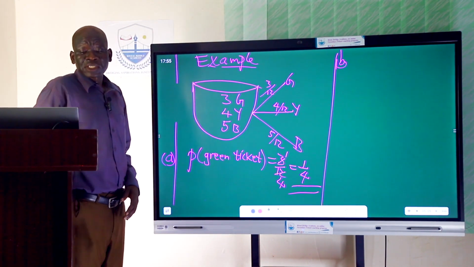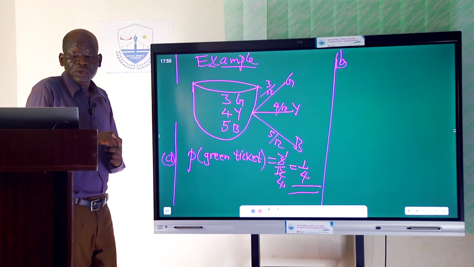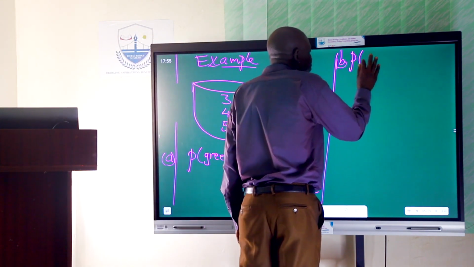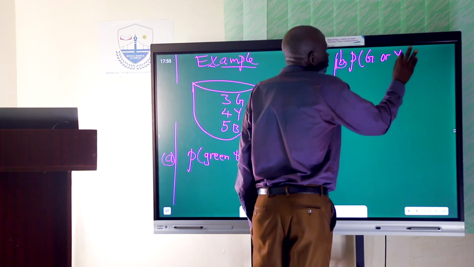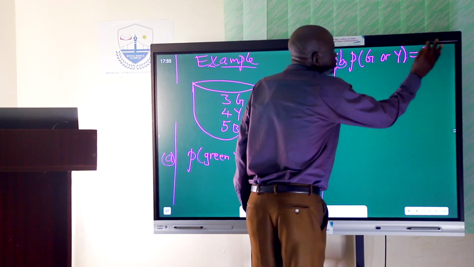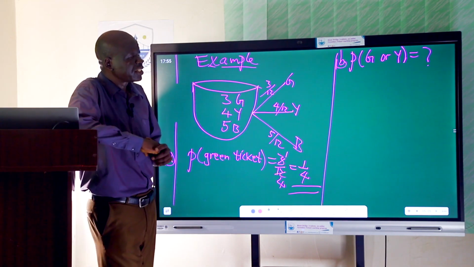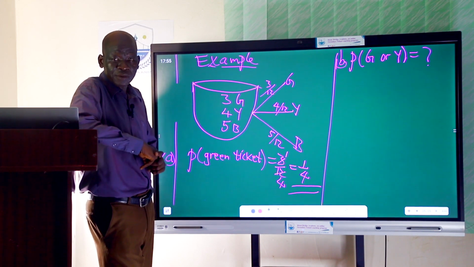Part B, they want us to find the probability of getting a green or yellow ticket. From the beginning, I said that the word "or" carries a meaning in probability theory.